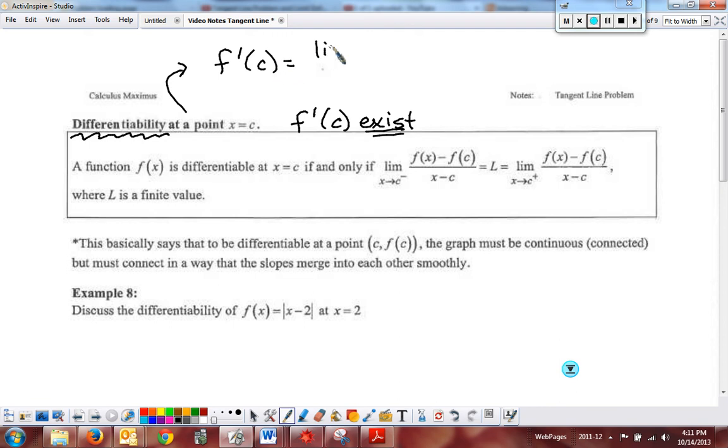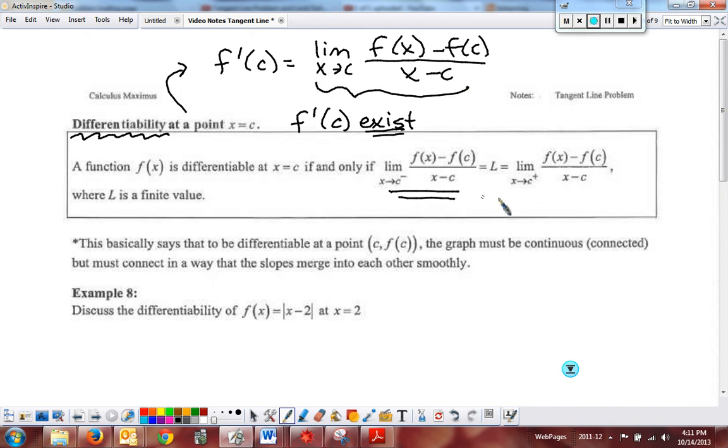Now, if I'm using the alternate form, which is f prime of c is the limit as x approaches c of f of x minus f of c all over x minus c, when will this limit exist? This limit exists exactly when the left limit and the right limit are the same. So that's essentially going to give us a way to determine whether or not a derivative exists at a point.